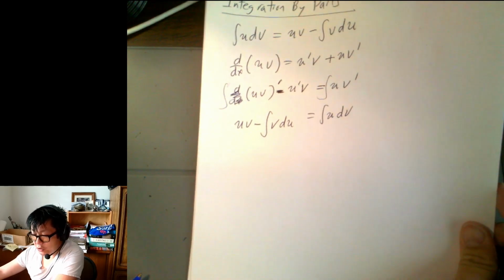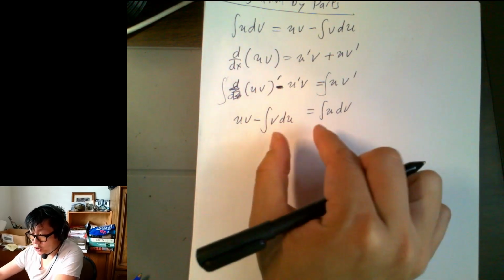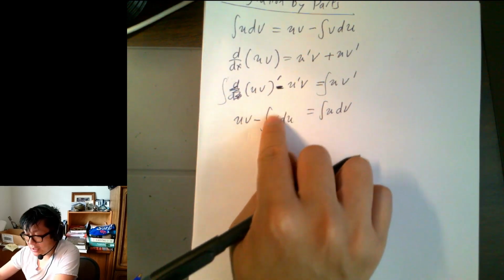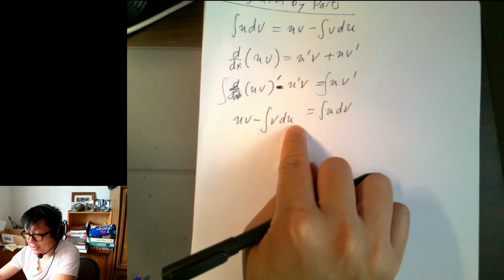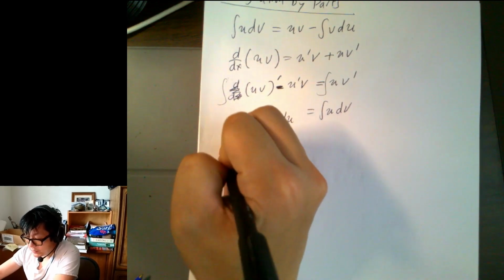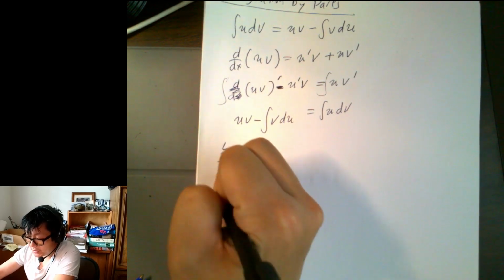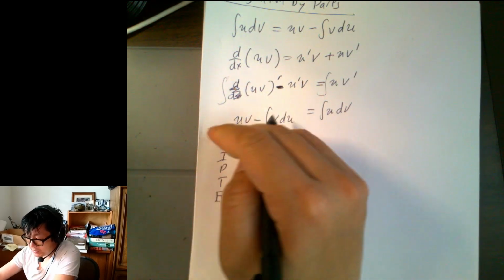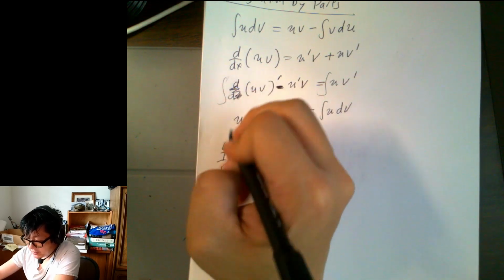Now, what is my u and what is my dv? Usually, but not always, this will be applied to something that is two functions multiplied together inside an integral. And so we are going to use LIPTE as an acronym to remember which functions we define as u and which functions we define as dv. So let me explain what these are and then how to use the list.